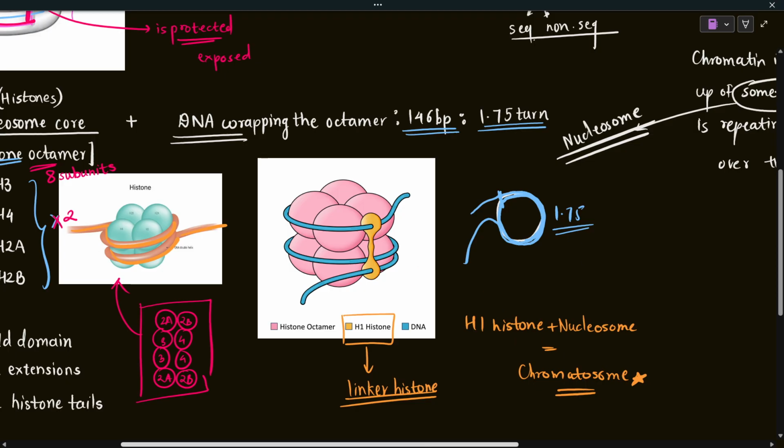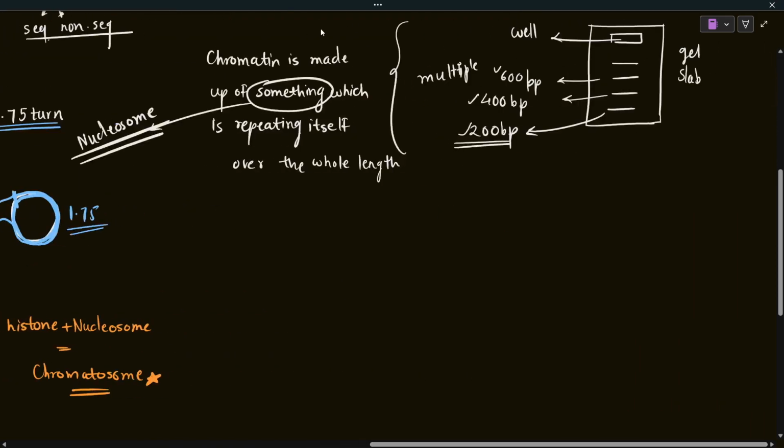So what will be the final structure of chromatin? This is DNA, this is the histone core, and around it DNA is wrapping itself. This is the next histone core, DNA is wrapping itself, next histone core, and so on.